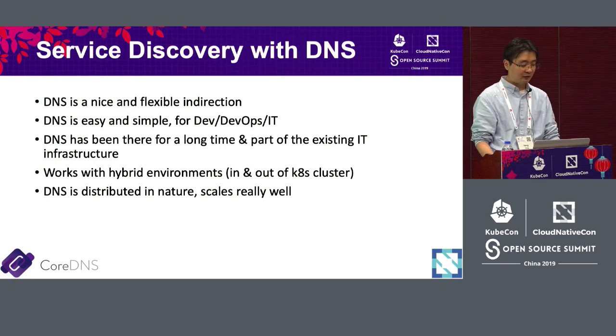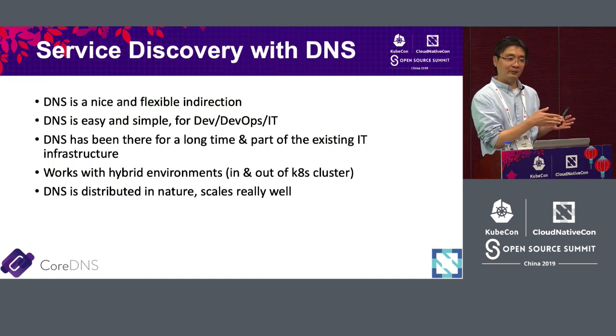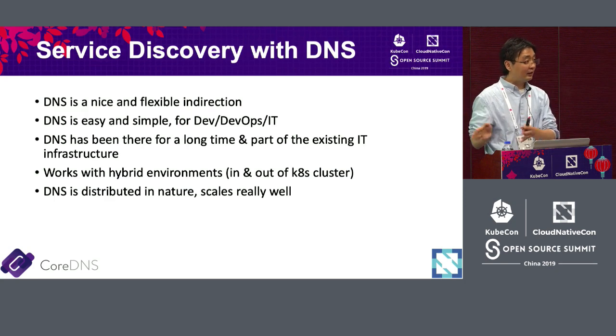First of all, DNS is very nice and flexible indirection. With this indirection, it allows you to stay away from future changes. For example, let's say you want to migrate from one cloud to another, and your servers may be forced to have an IP address change. You don't want to disrupt your user experience, because you don't want to tell every user that you're making a change because you moved from, let's say, AWS to Ali Cloud or from AWS to Google Cloud.